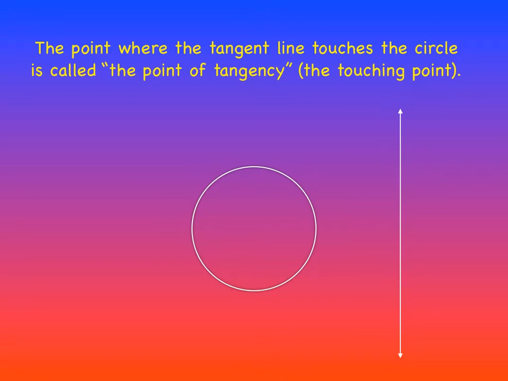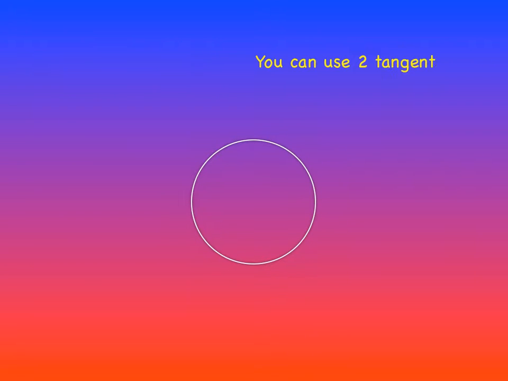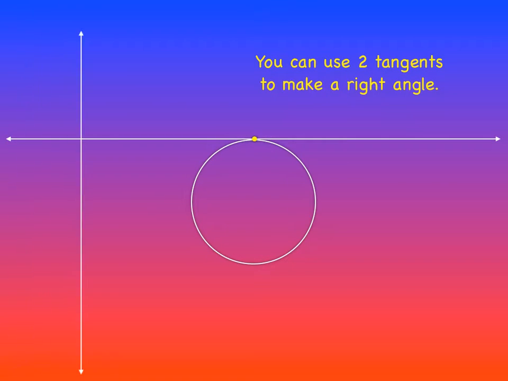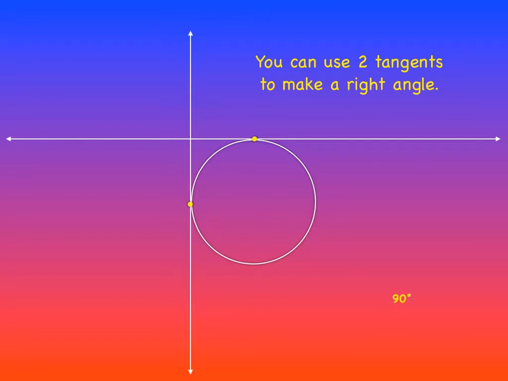The point where the tangent line touches the circle is called the point of tangency. You can use two tangents to make a right angle. The right angle is outside the circle.